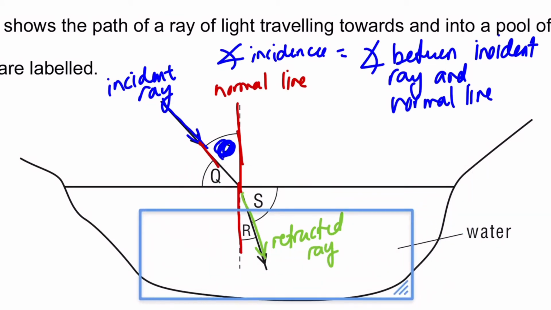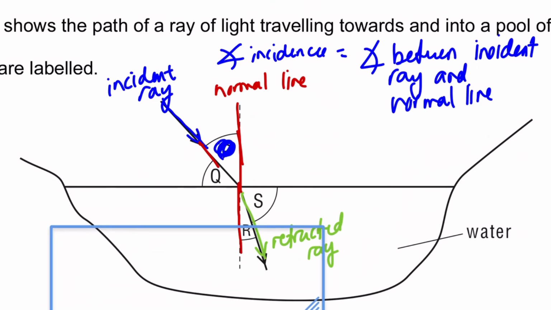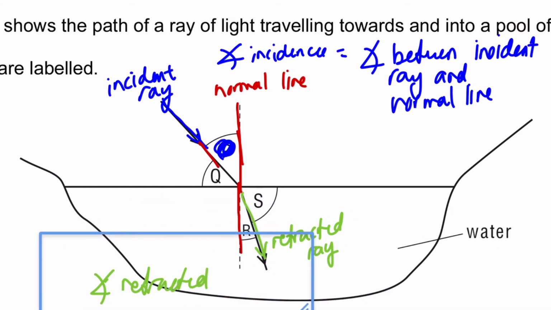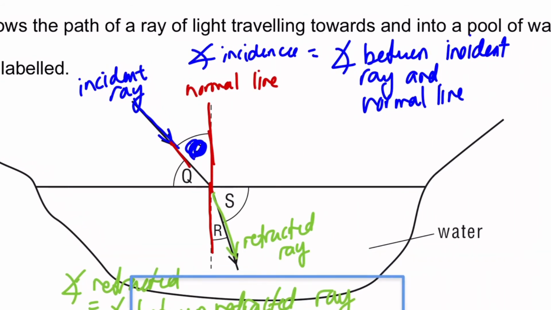Next, angle of refraction is denoted or defined as the angle between refracted ray and the normal line.